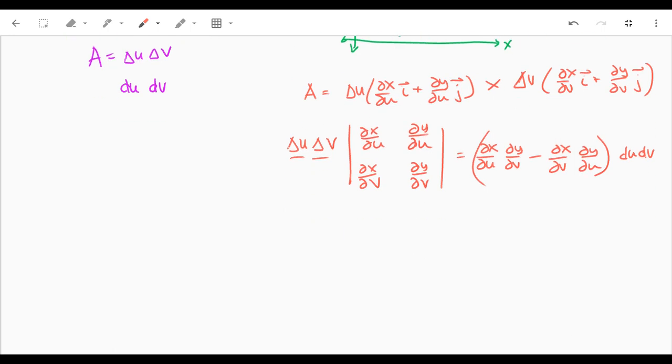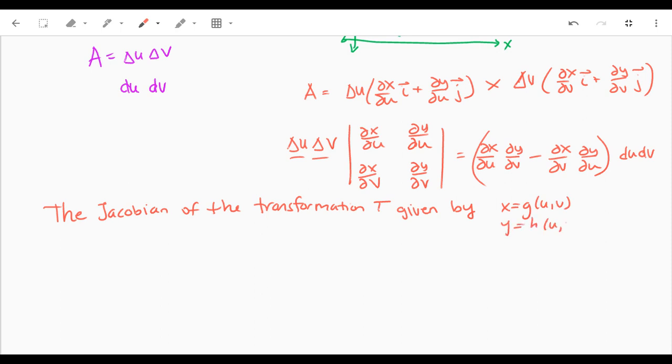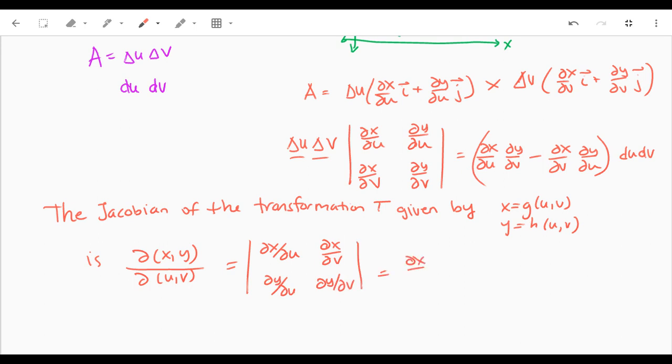So the Jacobian of the transformation T, given by x is some function of u and v, y is some function of u and v also, is written like this, which is the determinant: dx du dy dv minus dx dv dy du.